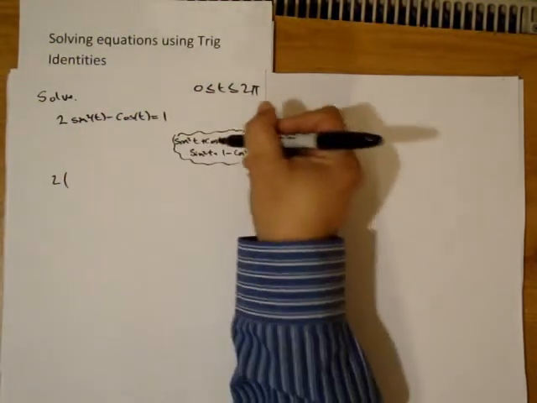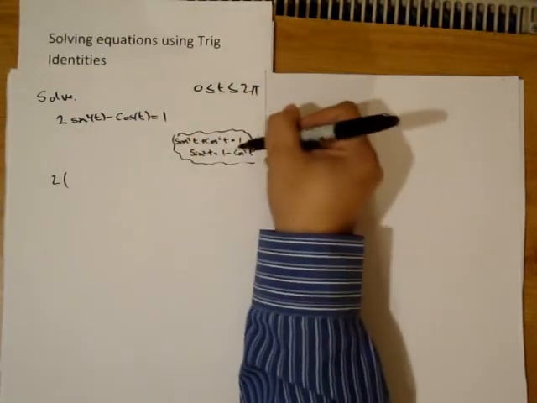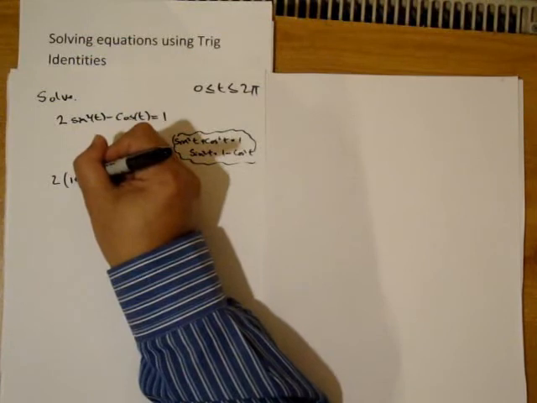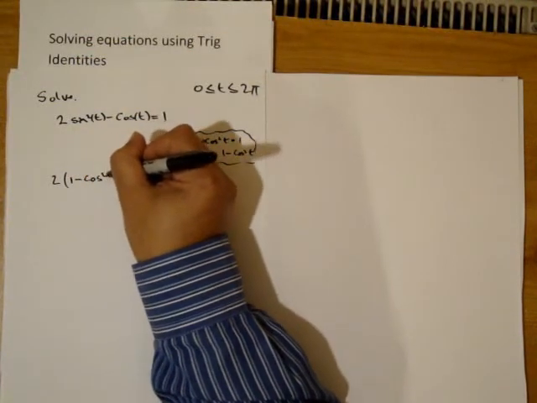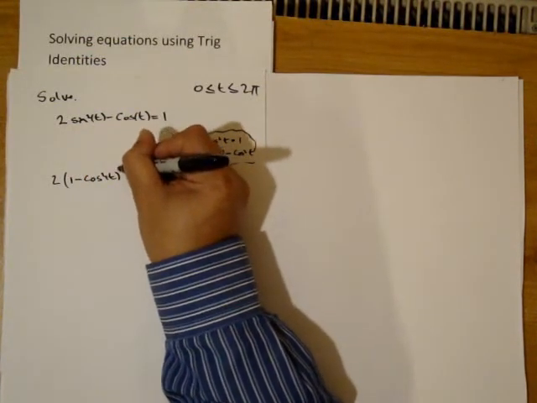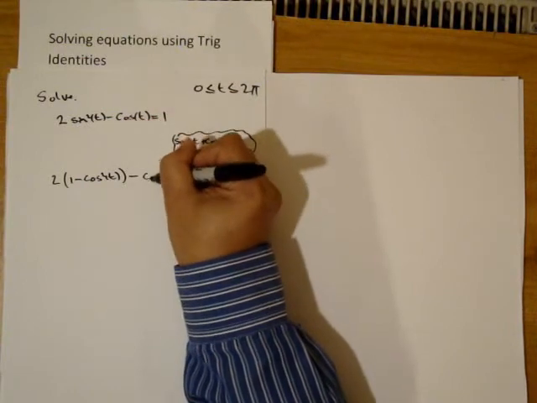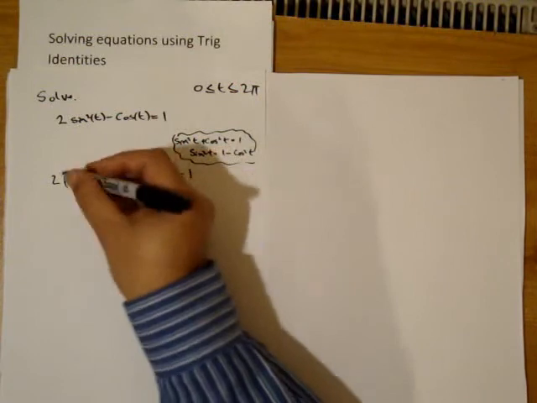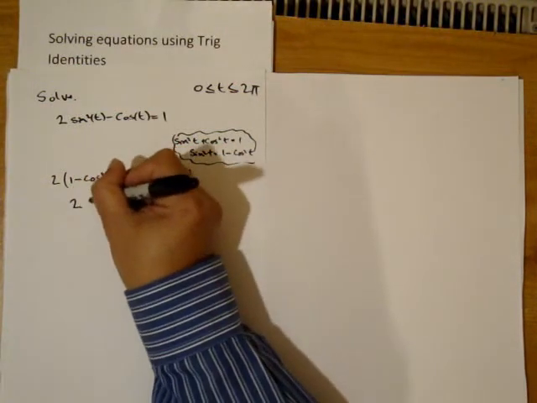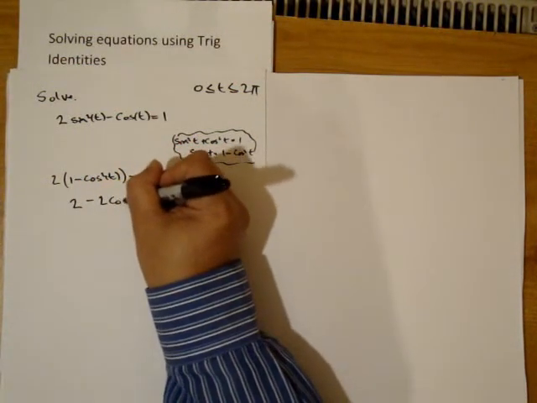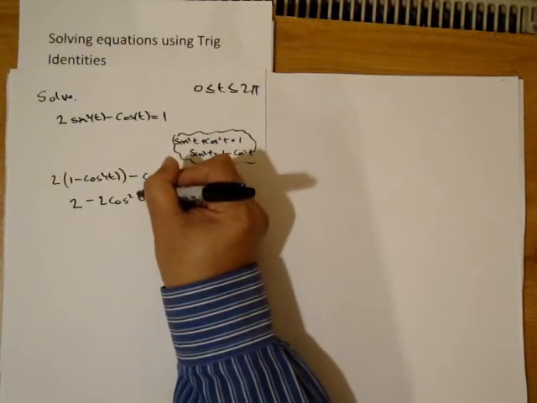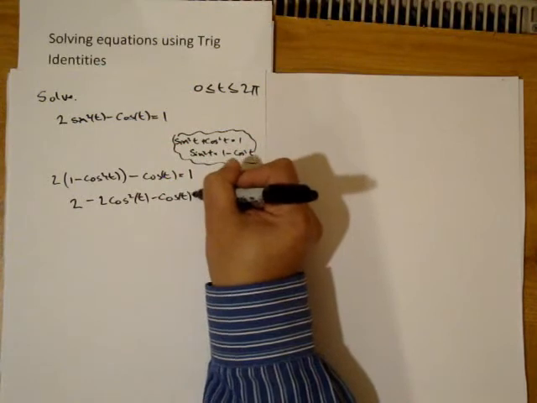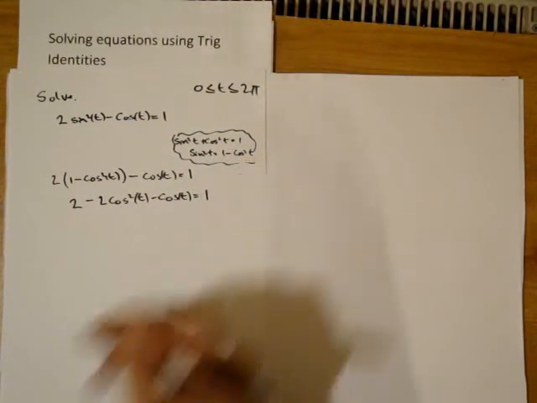So this becomes 2 times, we're going to replace sine squared t with 1 minus cos squared t, minus cos t equals 1. Get rid of the brackets here, we get 2 minus 2 cos squared t minus cos t equals 1.